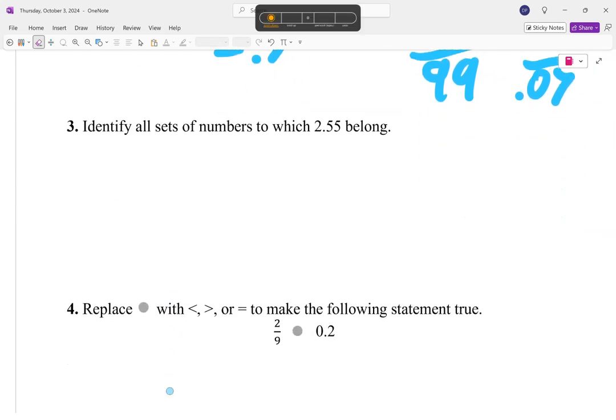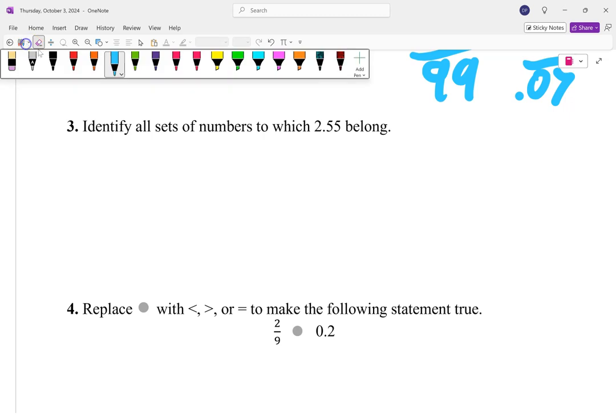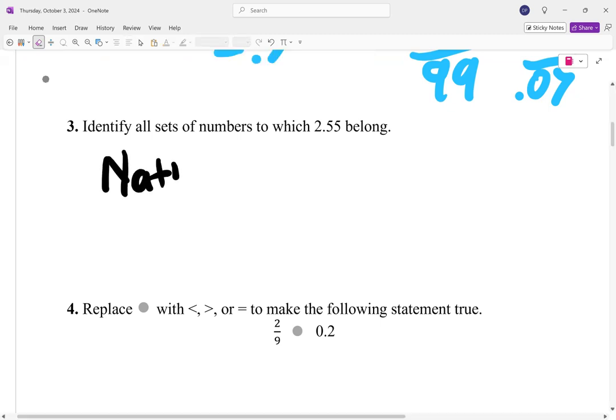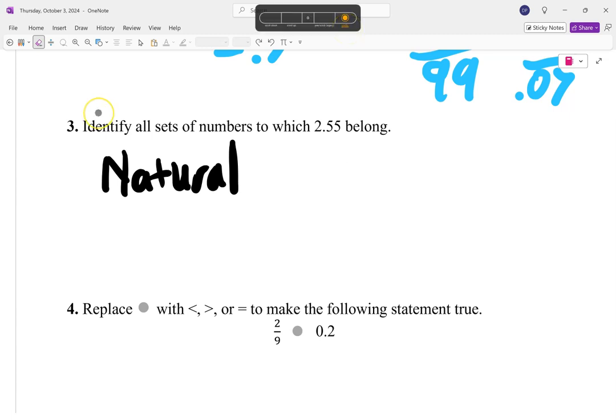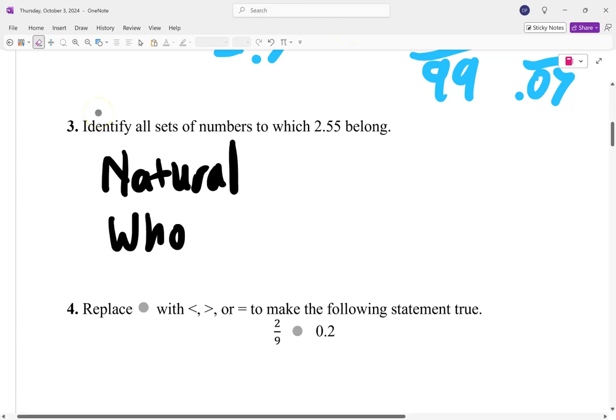It's rational and real because 2.55 isn't a whole number, so since it's a decimal, we're eliminating natural. Right? Because it's between two numbers, 2 and 3, so it can't be natural. Same thing with whole.